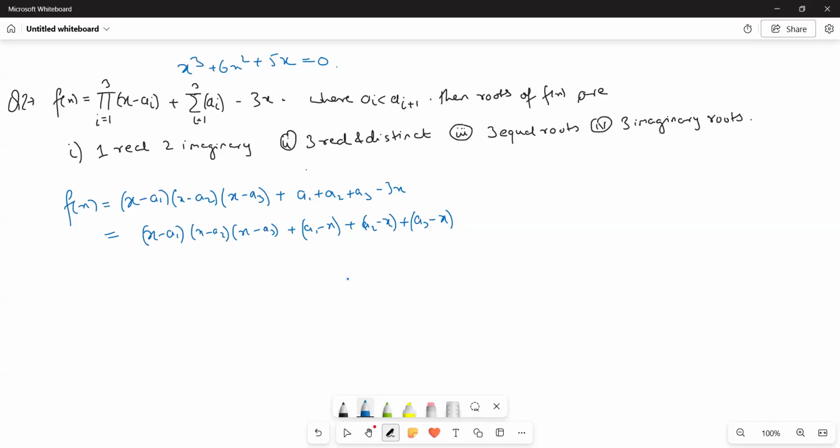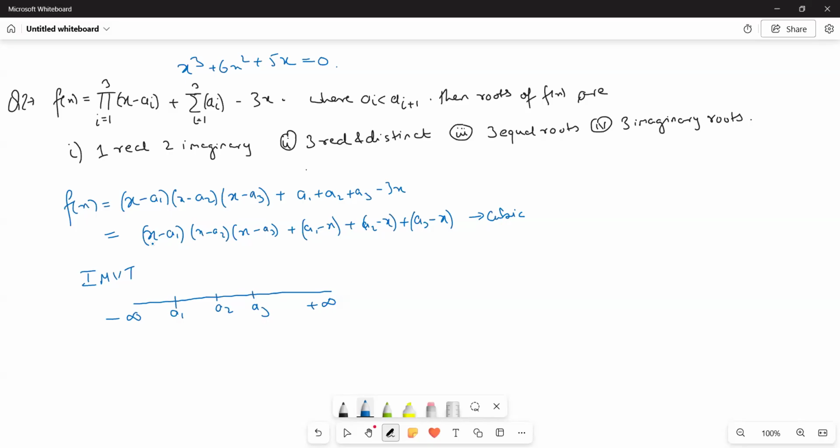To find the nature of the roots, we use IMVT, which we had discussed in the last online session. Suppose we have a real number line: minus infinity, a1, a2, a3, and infinity. It's a cubic. So what will be the sign of f(x) at minus infinity?